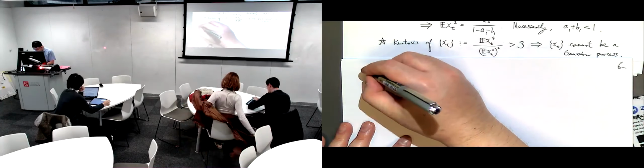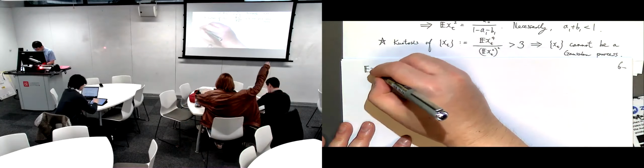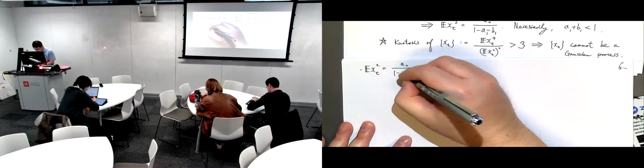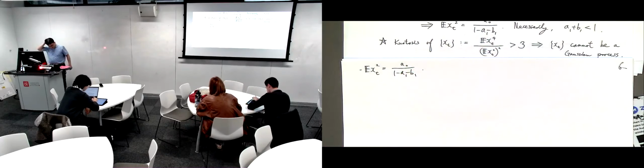So first of all, your expectation of Xt squared is A0 divided by 1 minus A1 minus B1, right? That's what we have just calculated.